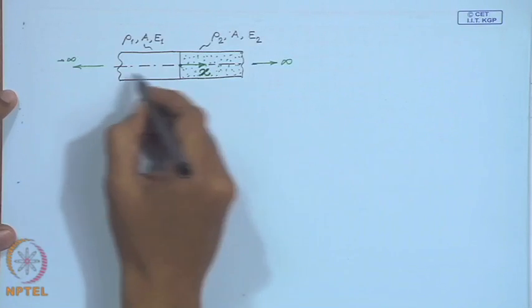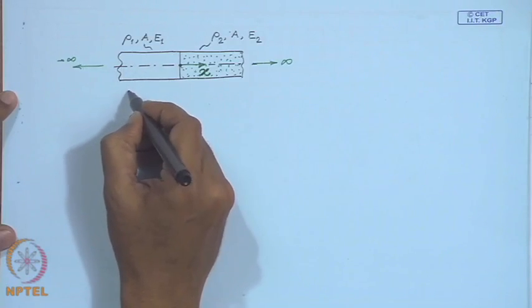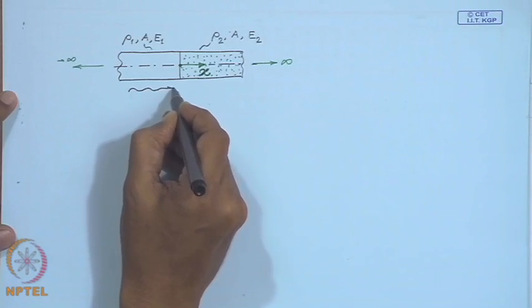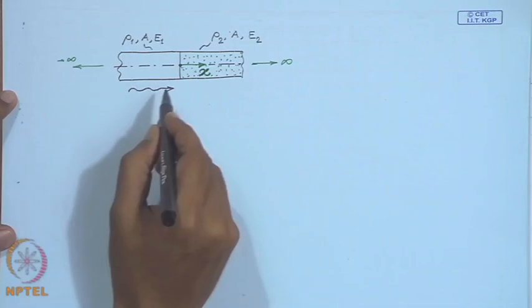Now, we consider that there is an incident wave from the left.